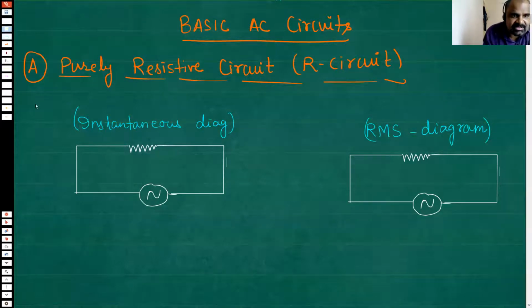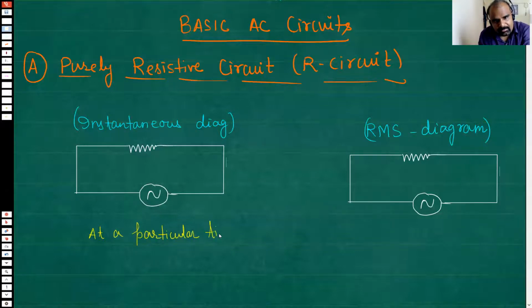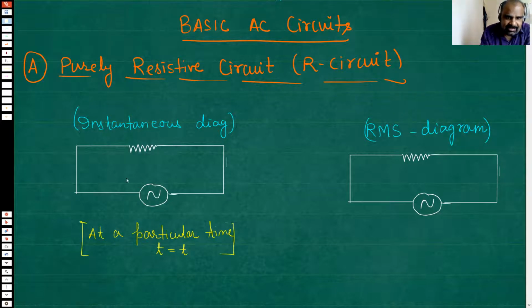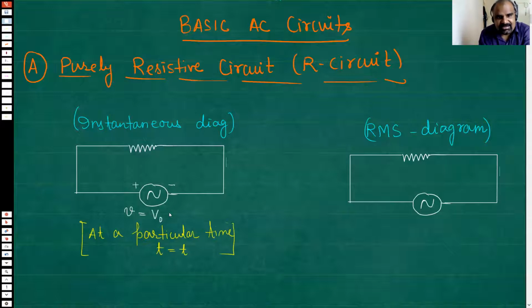Basically, here we take a snapshot at a particular time t. So at time t equal to t, we have taken a snapshot, and at that time, suppose this was the positive terminal, this is the negative terminal, and the instantaneous voltage was V sin omega t.